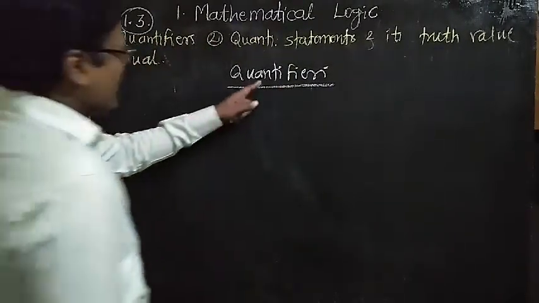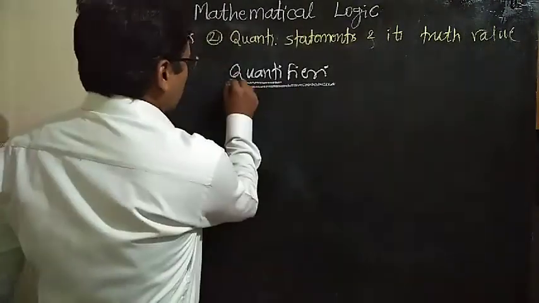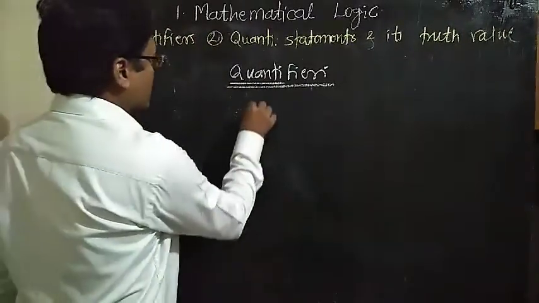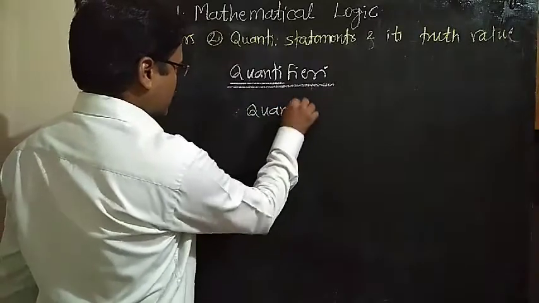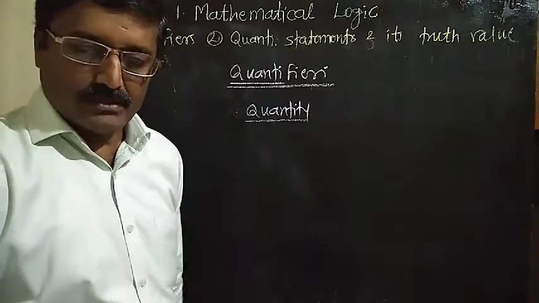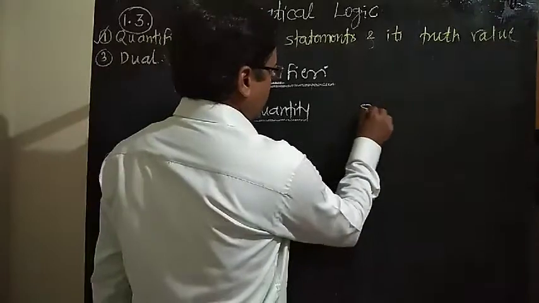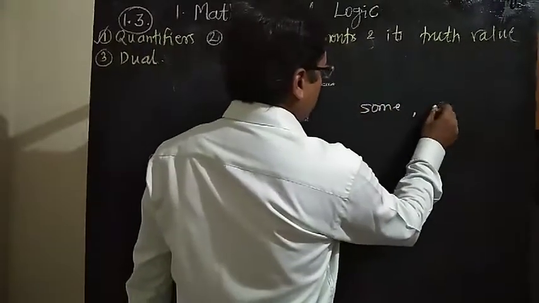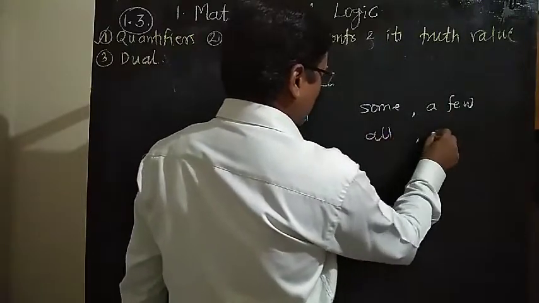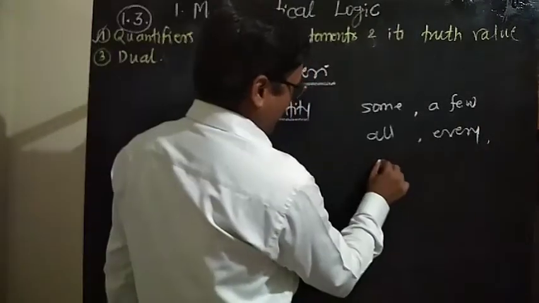The word quantifier includes the letters QUANTI. It means quantity, and this came from the word quantity. We know that in usual language, we express quantity in terms of the words some, a few, all or every, or a lot.